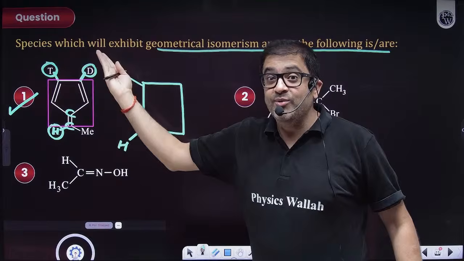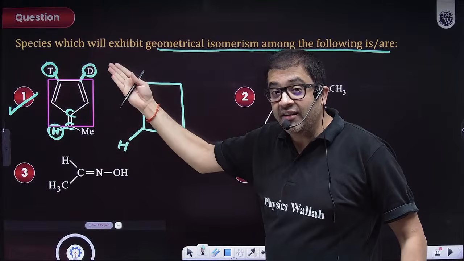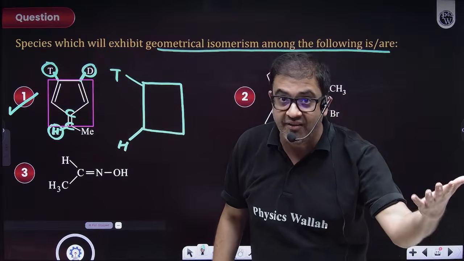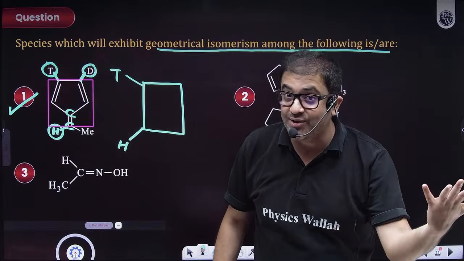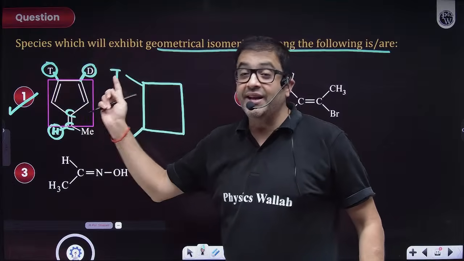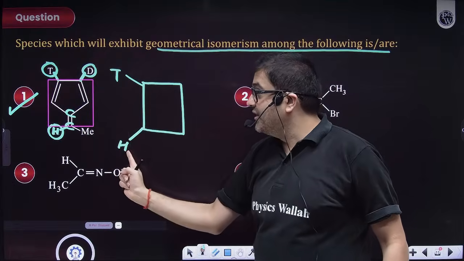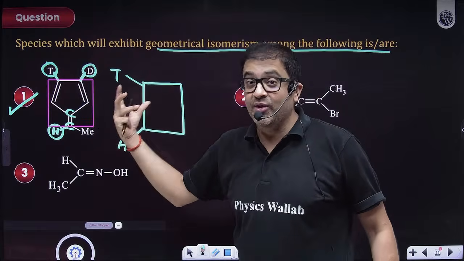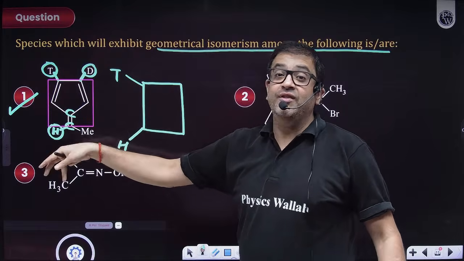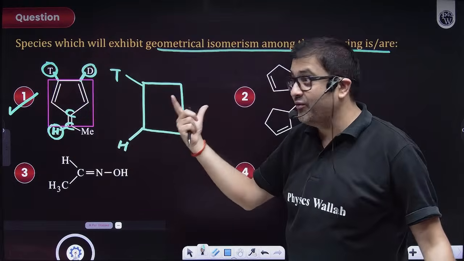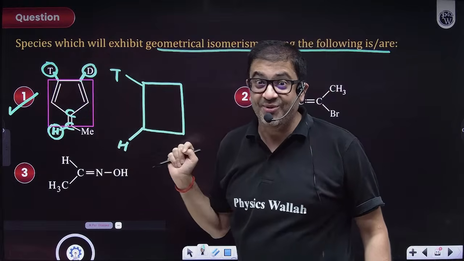I'm not up down, so I am fixed here, because even this T, which is tritium, a radioactive heavy isotope of hydrogen. This is deuterium, not radioactive but a heavy isotope of hydrogen. So this H and this T can be on the same side. Sir, you can have different orientation also, but obviously of a different compound, and that different compound will be a geometrical isomer. Sir, good one, sir, good one.